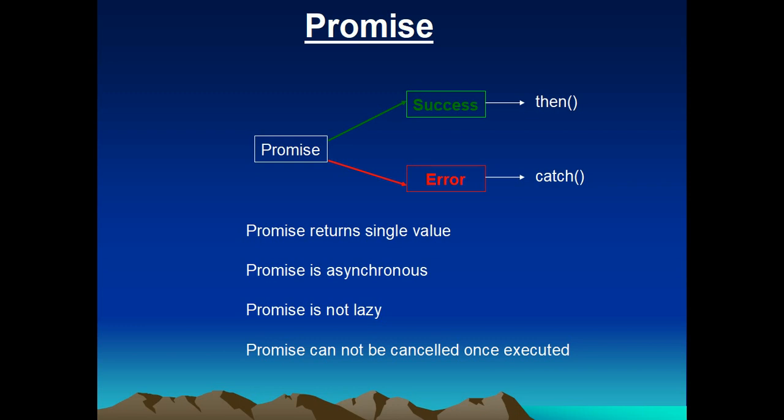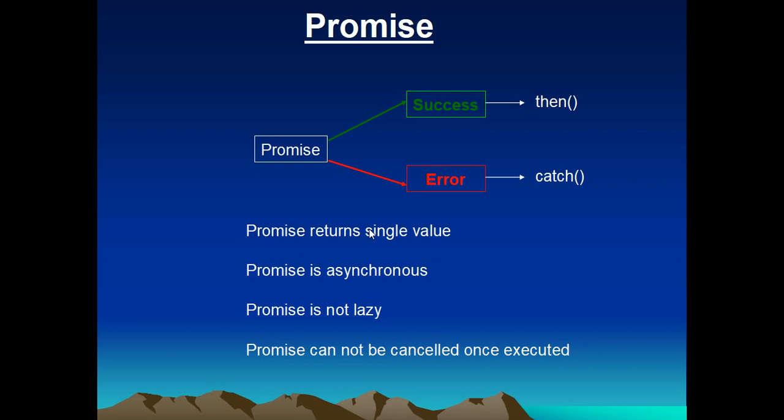In case of error, you can catch the error using the catch function, and in that method you can print the errors. So promise tells you whether it's a success or error.